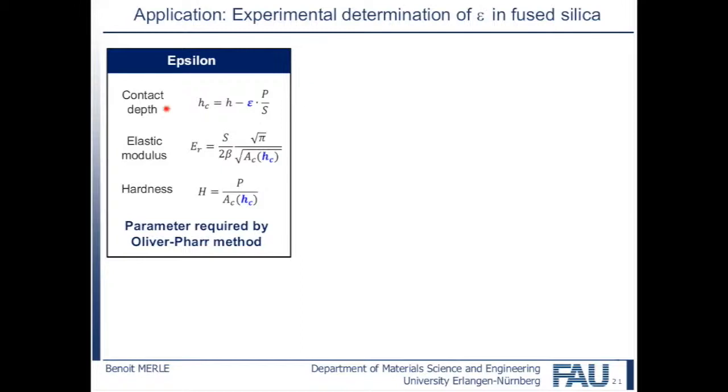As you can see here, it's necessary to calculate the contact depth, the elastic modulus, and the hardness. The value that is used is often the literature value of 0.75. Here we wanted to see if there was a natural way to measure this epsilon value.